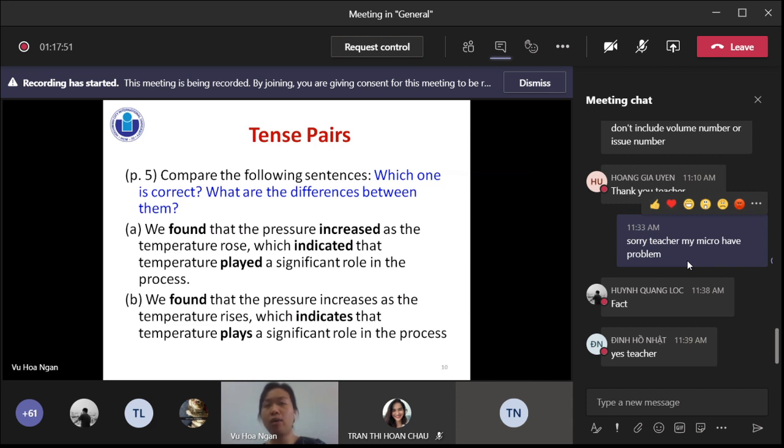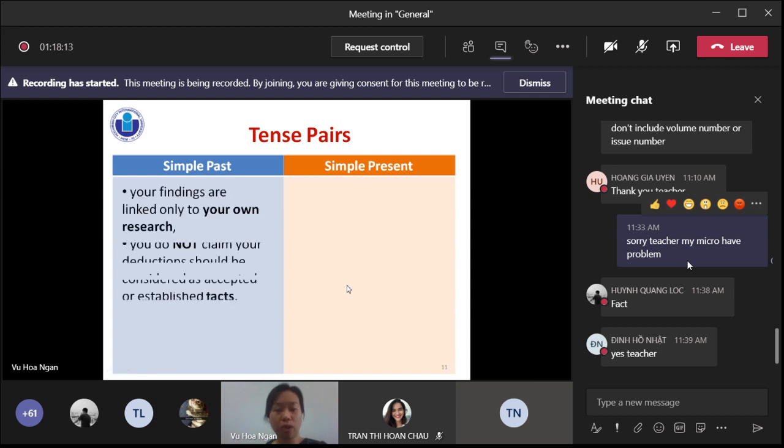In your study or in any study that you are referring to, that means the finding was correct in those studies, not the whole fact or the whole truth. And it is quite different if we look at sentence B. So these are the explanations of simple past.